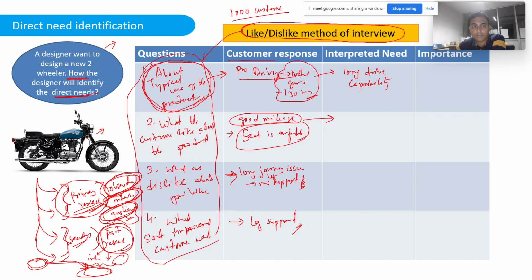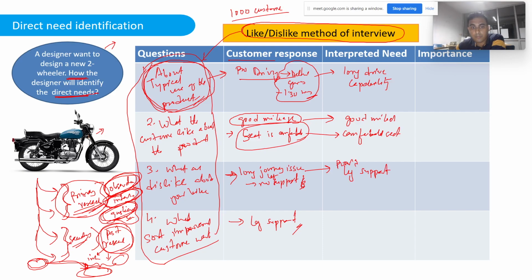The second need from you is good mileage and a comfortable seat. All these are needs, right? Then you complain about certain issues, that there is no leg support. That means the need is providing leg support.